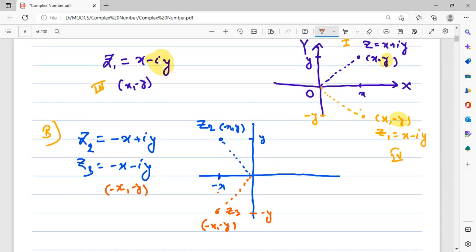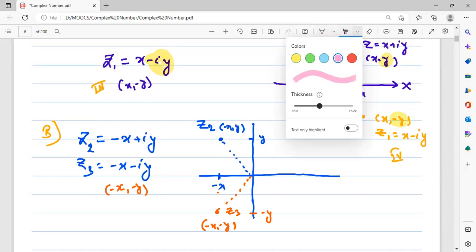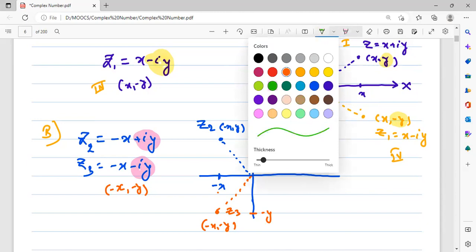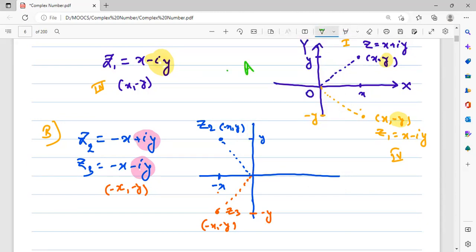That means this is only a reflection. If I change the sign of the imaginary part, from figure A we get figure B. You will observe that if a point is in the first quadrant, we get its mirror image in the fourth quadrant.